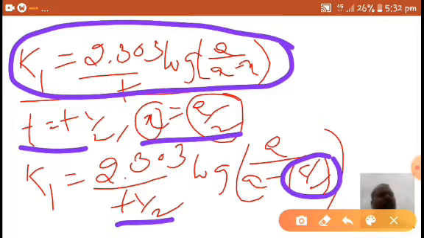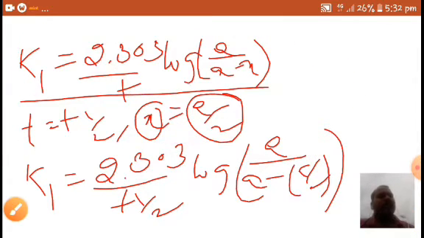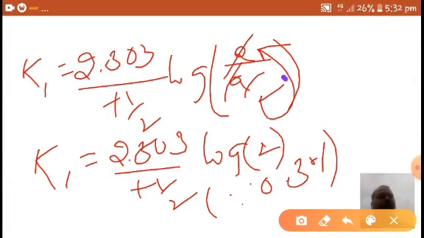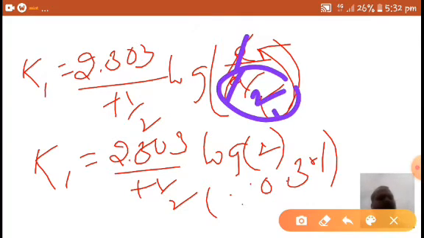A minus A by 2 is equal to A by 2, right? Then A cancels out and 2 comes to the numerator position.